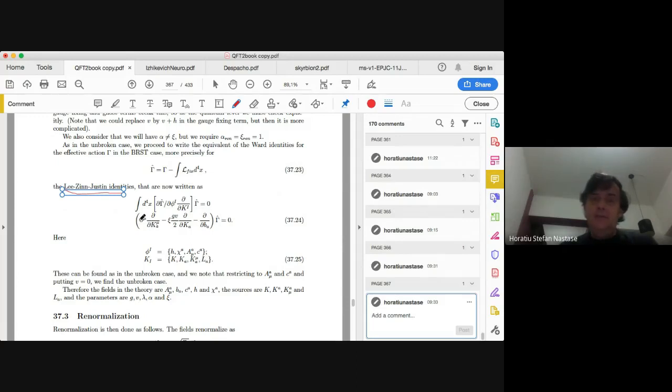The identity before was d mu del with respect to k a mu minus del with respect to b a of gamma hat equal to 0, and that came from the gauge fixing term being del mu A mu a, whose BRST variation couples to k mu a.